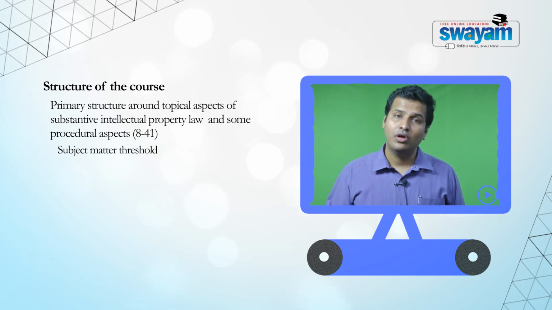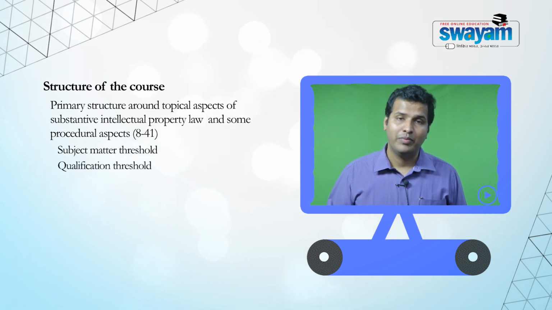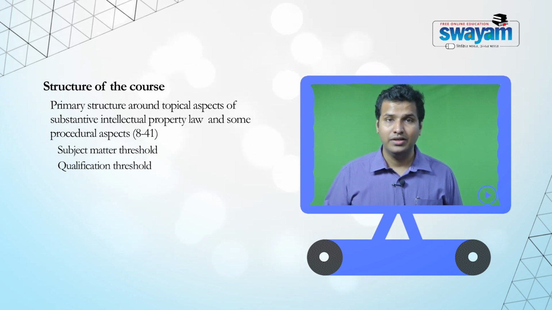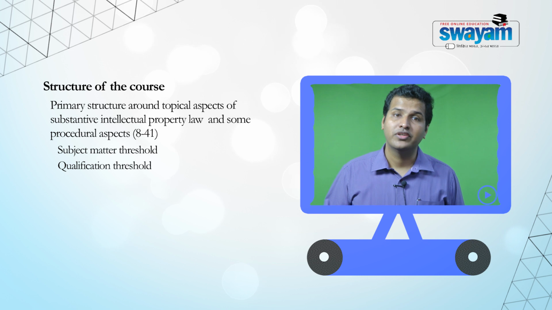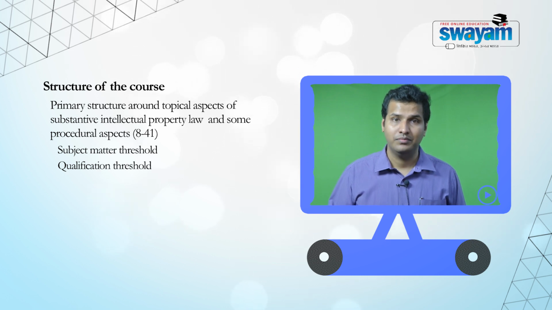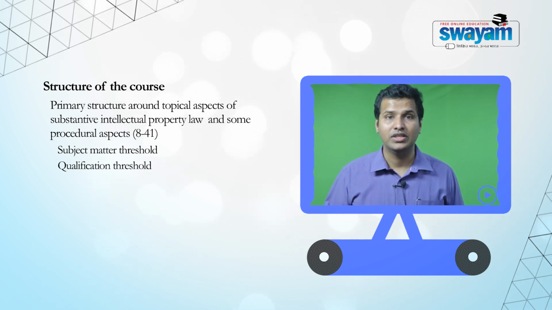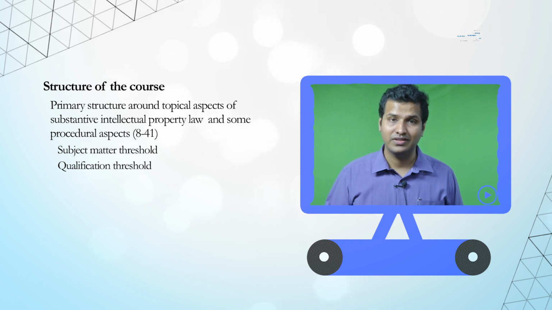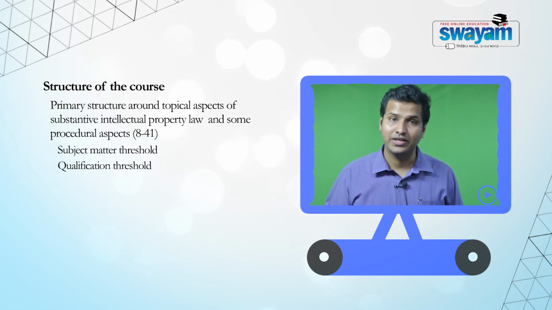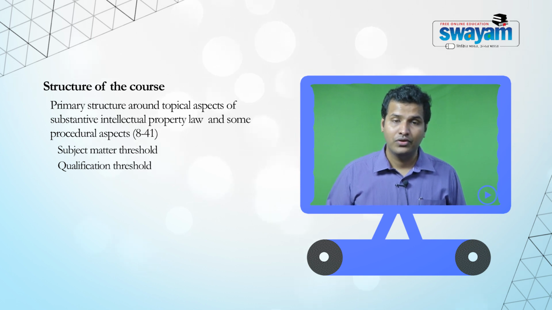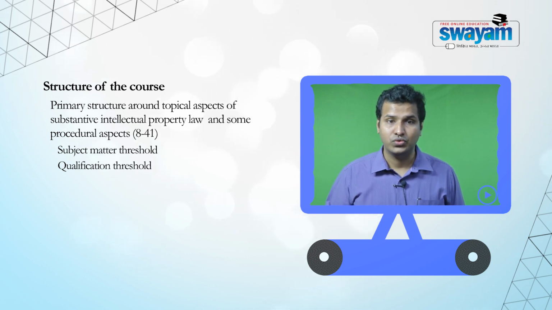We will also discuss the qualification thresholds. So patents, if certain subject matter is protected, what are the qualification requirements that may warrant such protection in the form of novelty, inventive step, utility or industrial application. Similarly, originality in case of copyright, distinctiveness in case of trademarks. So, we will study these qualification thresholds.